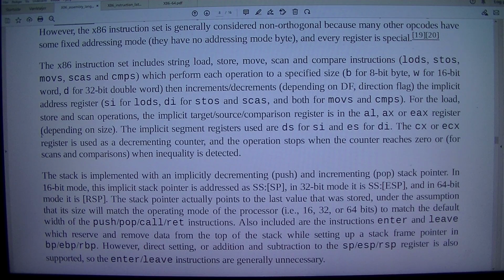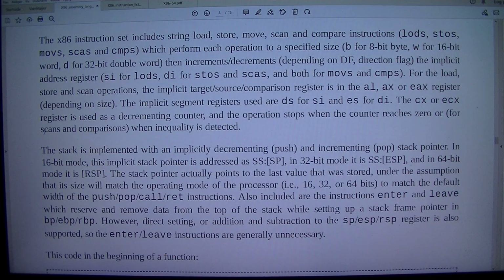The x86 instruction set includes string load, store, move, scan and compare instructions, LODS, STOS, MOVS, SCAS and CMPS, which perform each operation to a specified size, B for 8-bit byte, W for 16-bit word, D for 32-bit double word, then increment or decrement, depending on DF, the direction flag, the implicit address register: SI for LODS, DI for STOS and SCAS, and both for MOVS and CMPS.